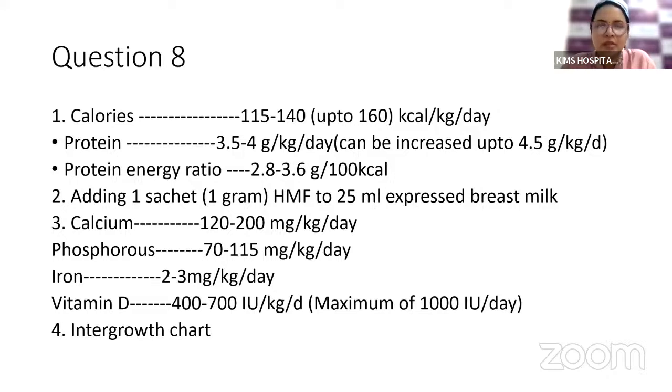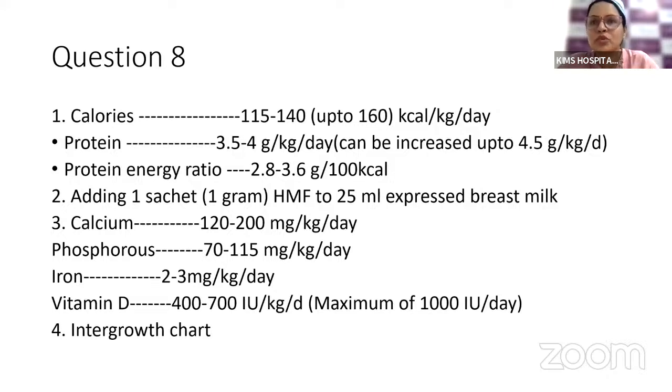So you all know that preterm mother's milk as well as term breast milk have around 67 kilocalories per deciliter or 100 ml of breast milk. And when we add HMF, we are adding 4 sachets of 1 gram each to 100 ml. That is each 1 sachet to 25 ml. So this will provide an additional intake of around 14 kilocalories.